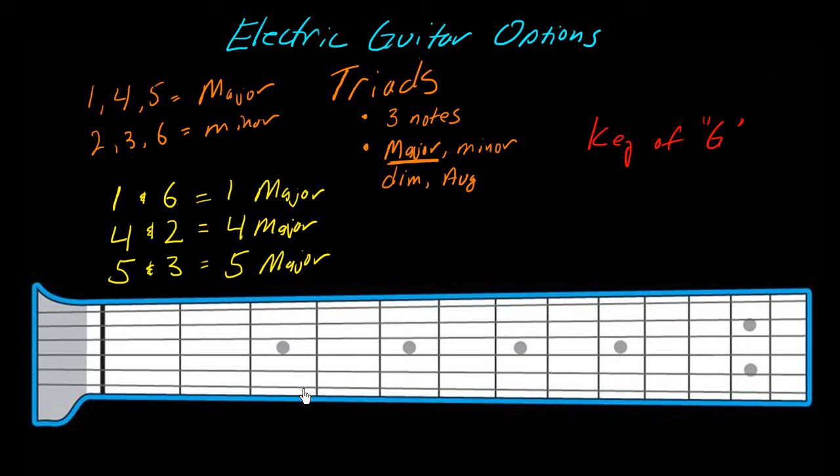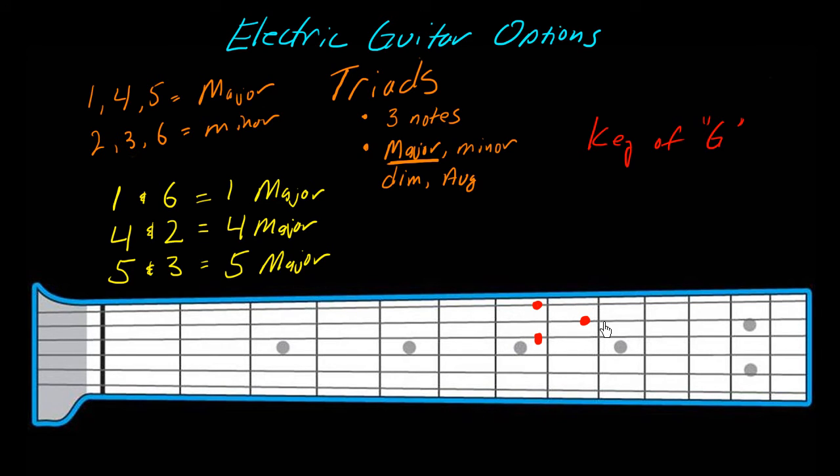But for the one triad, we're going to go to this region of the guitar right here. And we're going to play this shape. Okay, so that kind of looks like the fingerings of a D chord down here. It's not a D chord. That's actually a G chord because it's up higher.